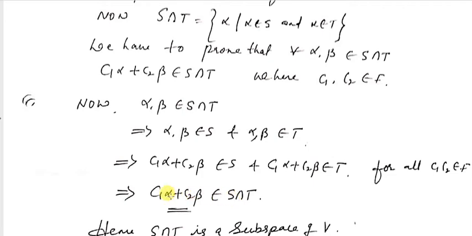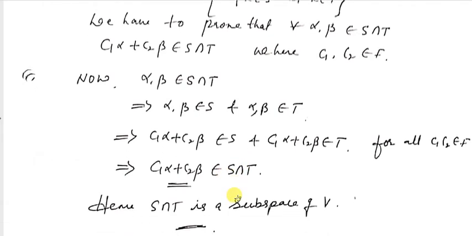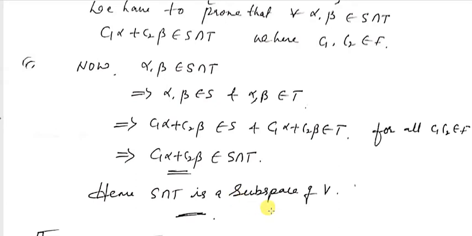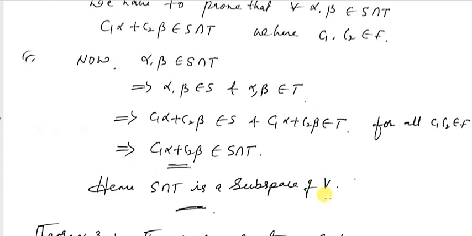So according to the corollary, S intersection T is a subspace of V. That means the intersection of any two subspaces is a subspace of V.